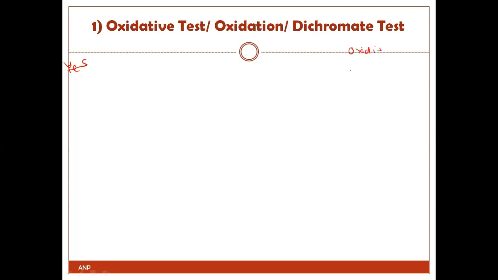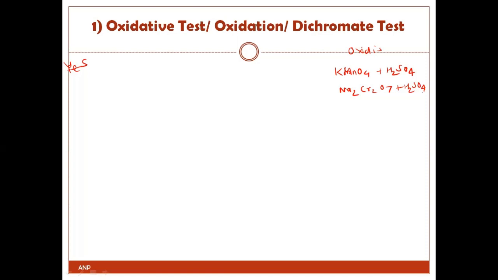The most widely used oxidizing agents are KMnO4 plus H2SO4, potassium permanganate plus H2SO4, sodium dichromate plus H2SO4, and potassium dichromate and H2SO4.